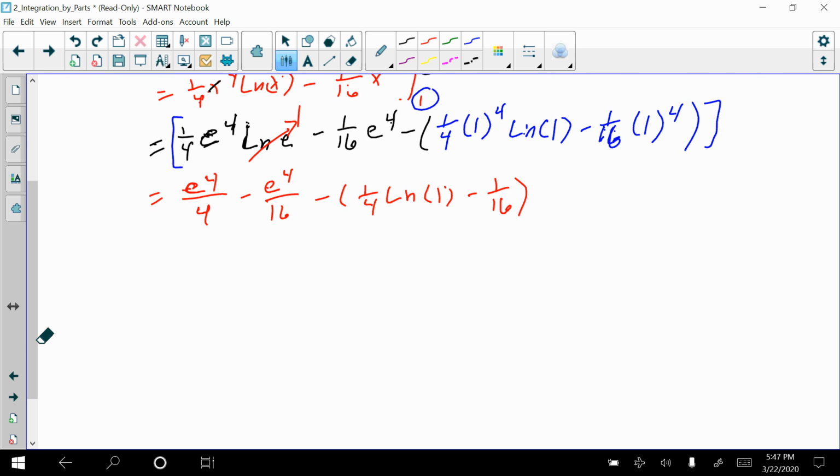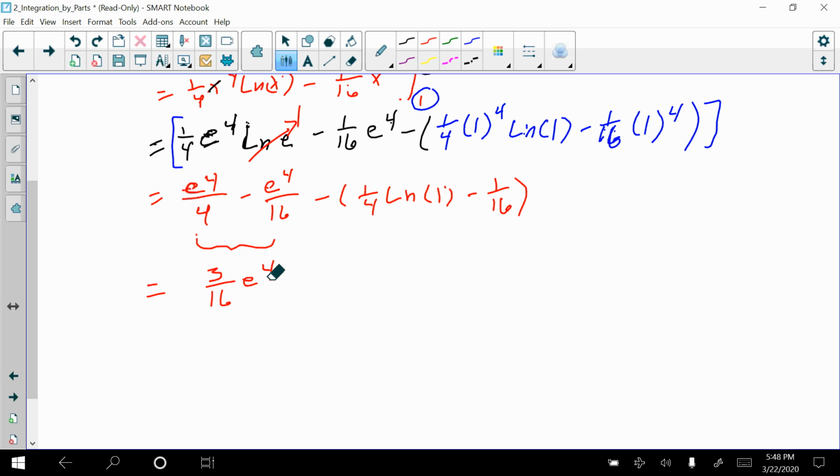So distribute the negative into the parentheses, and we can get rid of the parentheses. And on the left side here, these two are like terms. We can combine those even though they don't have a common denominator. That will work out to be 3/16 times e to the 4th.